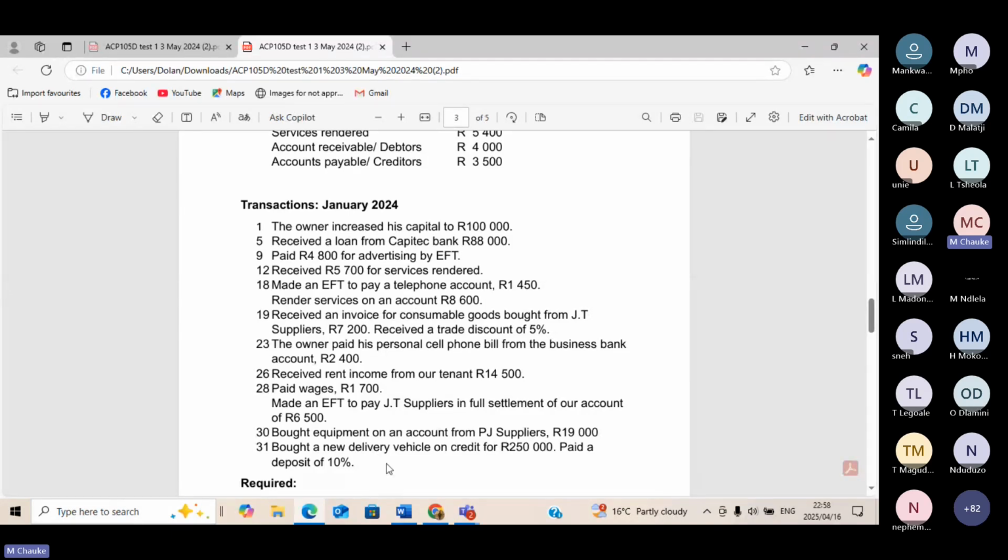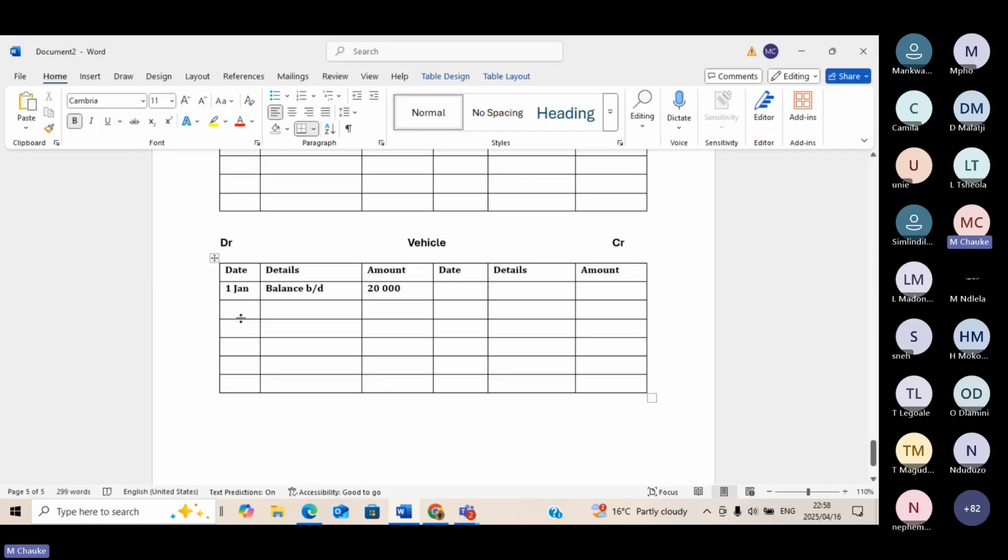That's what we're recording. When we bought on credit, just go to the 31st there. We bought a vehicle on credit, so creditors, 250,000. There's an increase in vehicle, and because we bought it on credit, creditors. All right, and then we are done with recording this transaction in vehicle.